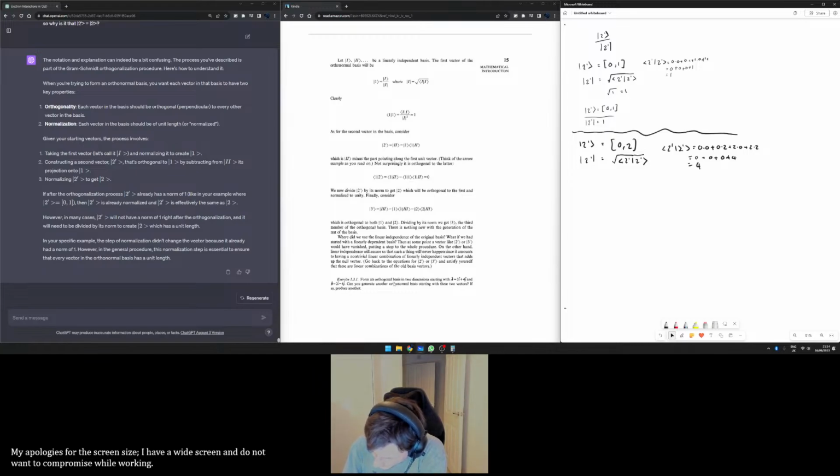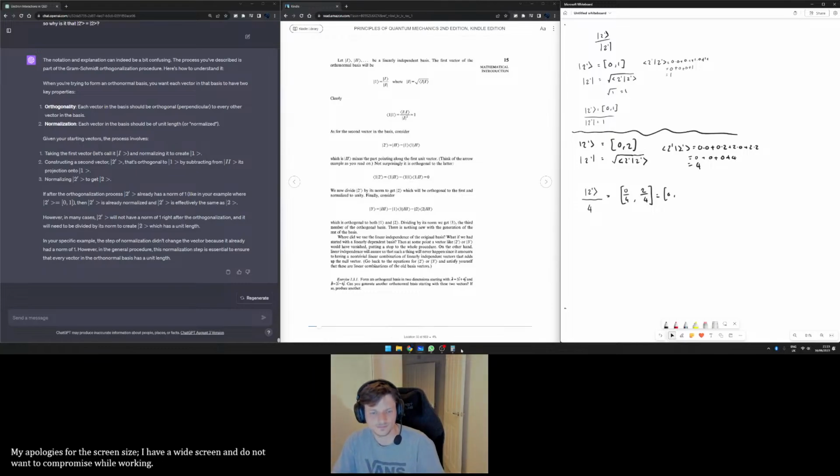And then if we now go 2 prime divided by 4, we're going to have 0 divided by 4, and then 2 divided by 4, which will equal 0. 2 divided by 4, what is that?